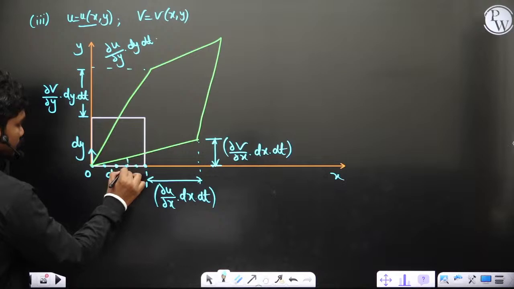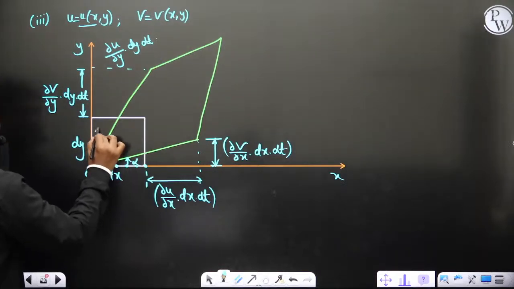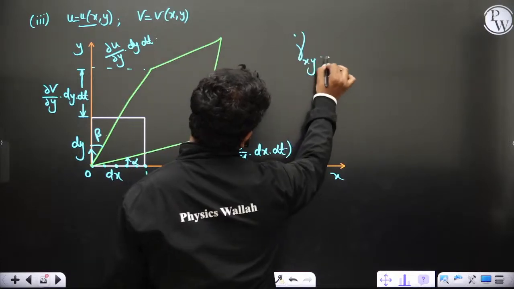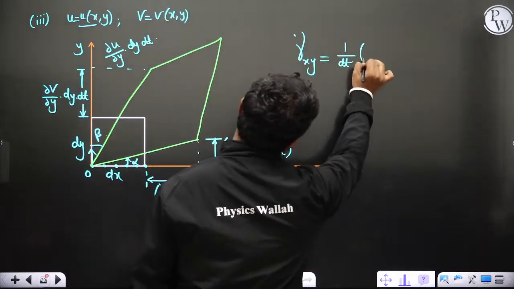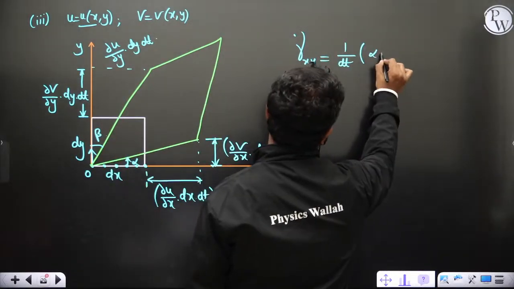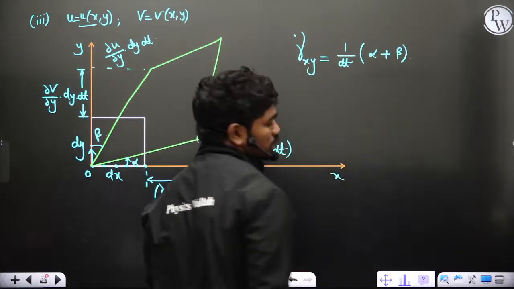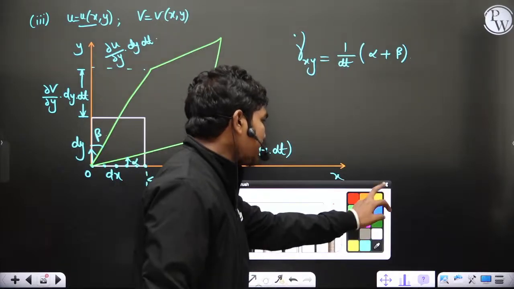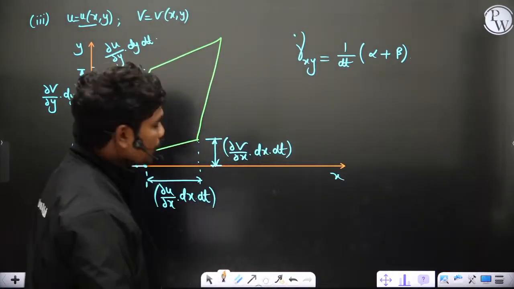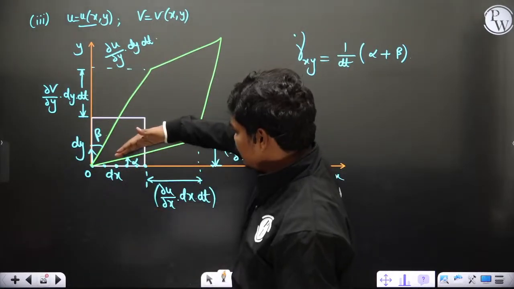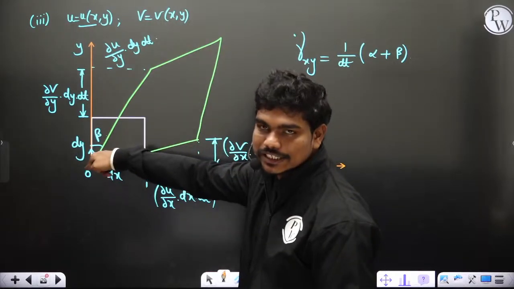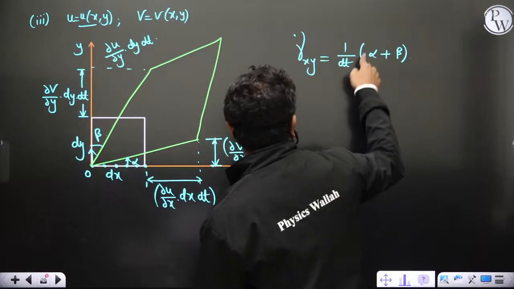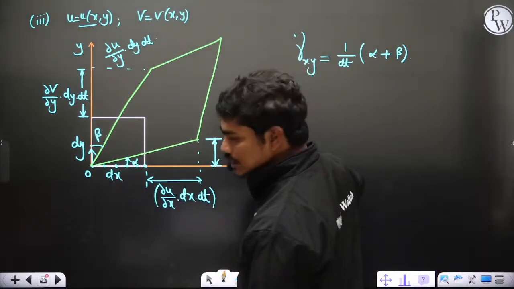Now if you take this angle as alpha and this as beta, the total shear strain rate γ̇xy is nothing but 1/dt of the total angle of turn, alpha plus beta. Strains we generally measure in magnitudes in this particular case. So γ̇xy, the rate of shear strain, is, let us suppose in solid mechanics, if this base is horizontal, you take only beta as the shear strain. But here both are deforming, so alpha plus beta, and 1/dt, because this deformation takes place in a time dt, that's why there is a dot on top.